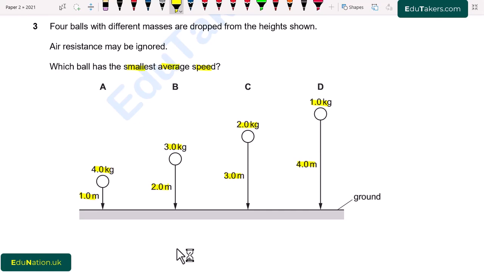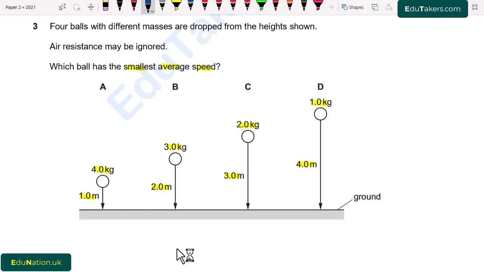the smallest average speed. So first of all, I write here: loss of potential energy is equal to gain in kinetic energy, because as the ball moves from top to down, its height decreases, meaning that the potential energy decreases and kinetic energy increases.